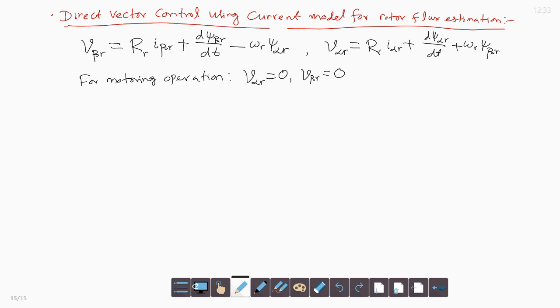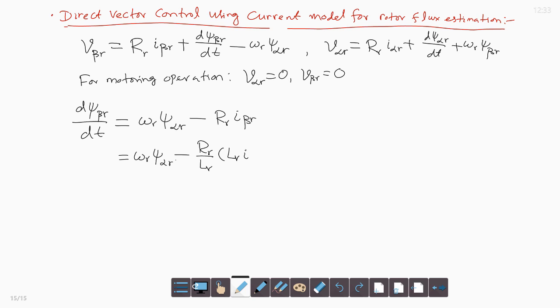With that, using the first equation, because V beta R is 0, d psi beta R by dt is omega R into psi alpha R minus R into I beta R. So, it is omega R into psi alpha R minus R by L R into L R into I beta R. So, that is omega R into psi alpha R minus R by L R I beta R, where L R I beta R is psi beta R minus L m I beta s.